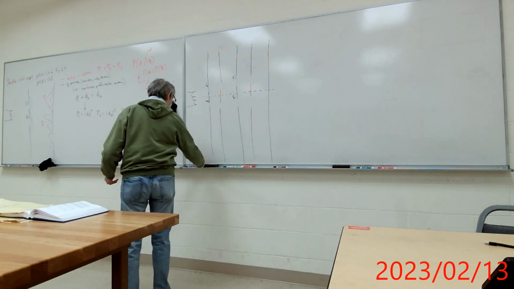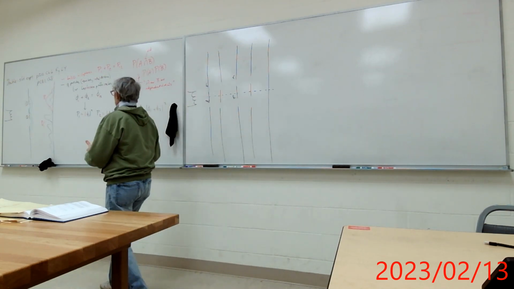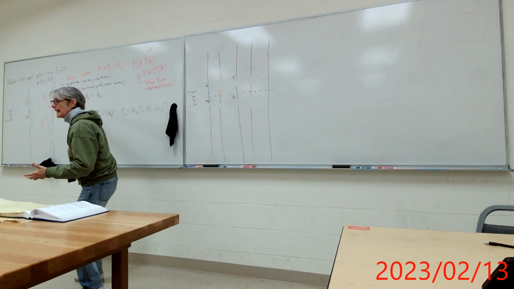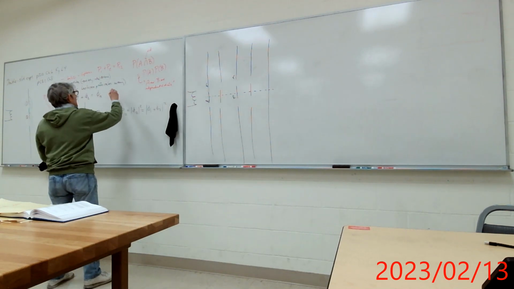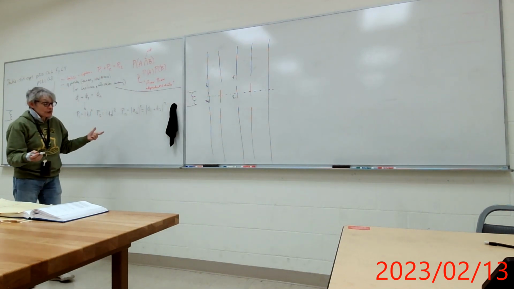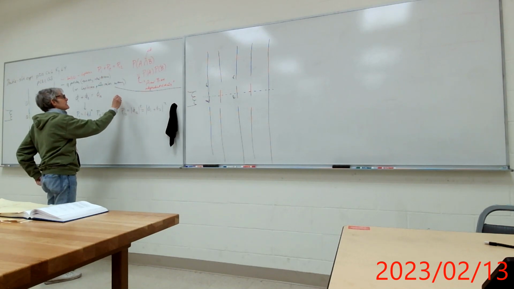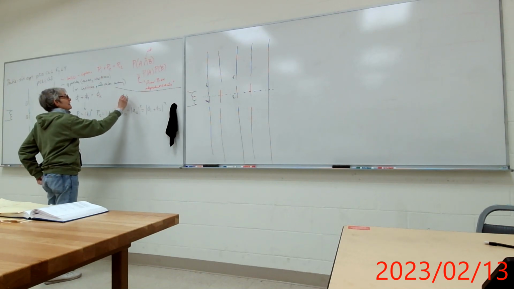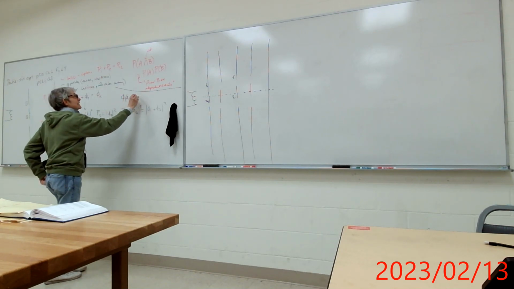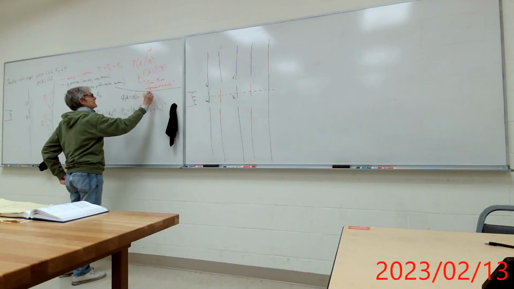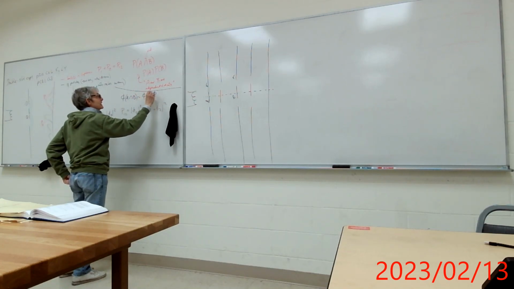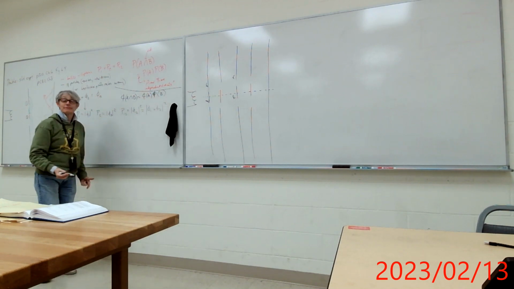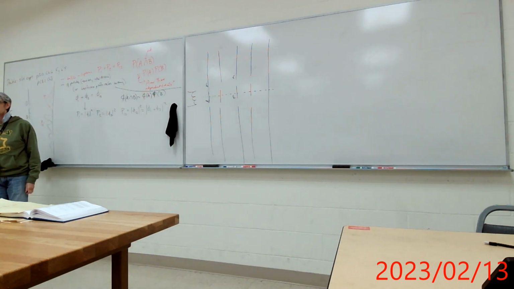Well, the quantum mechanical analog is that the amplitudes would multiply. Okay? So the corresponding thing quantum mechanically is, phi of A and B equals phi of A times phi of B. So far, so good?